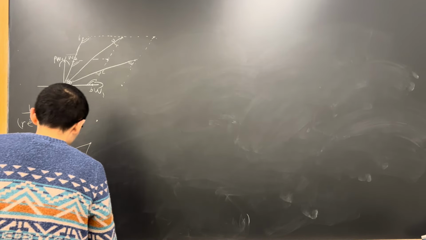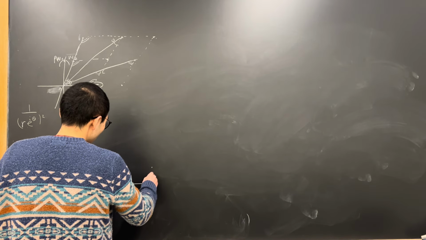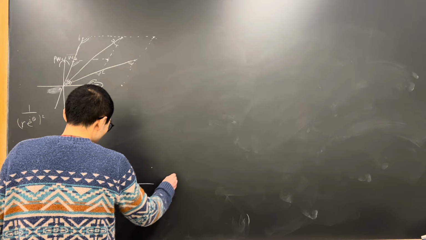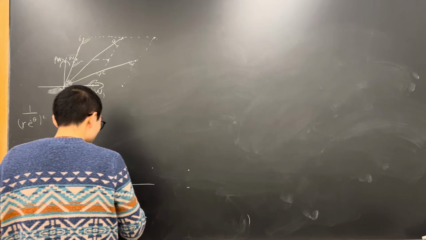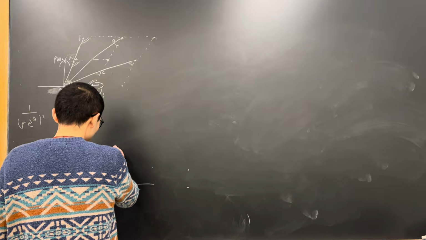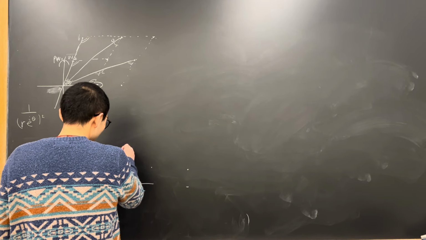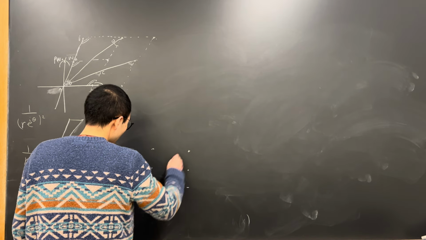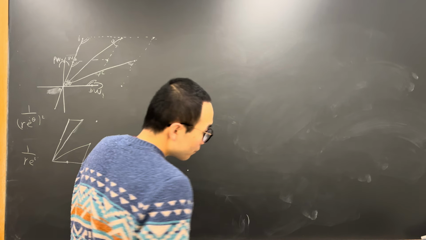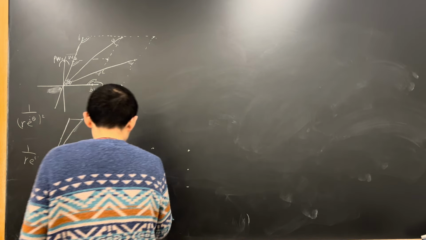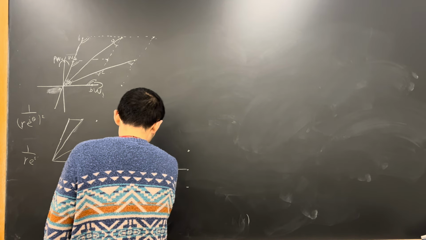Wait, how did I show it in the triangle case? How do I really show it in the rectangle case? I really forgot. Do they cancel out? Oh, I think in the rectangle case, this angle cancels out with this angle.